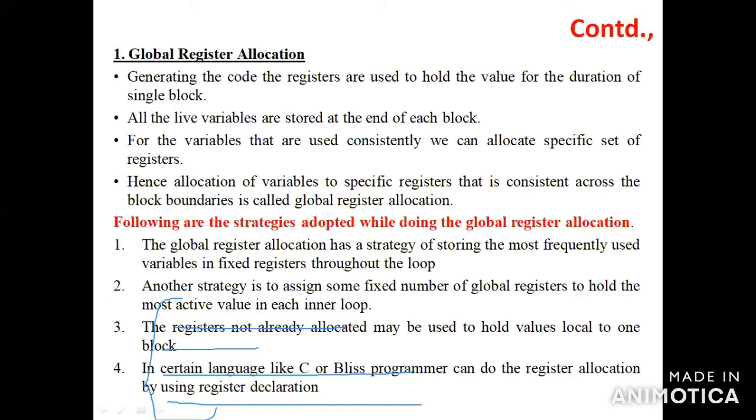Third, variables that can be used consistently are allocated a specific set of registers. That specific set of registers is assigned to the live variables at the end of each block. This consistent allocation of variables to specific registers across block boundaries is called global register allocation.